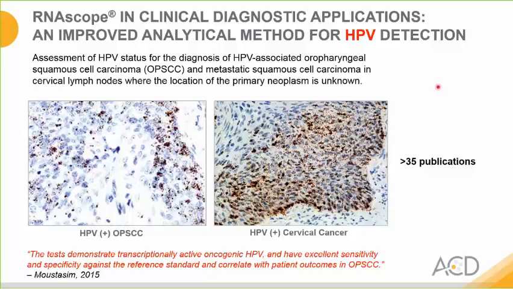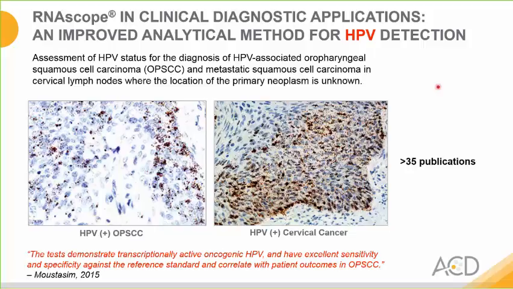Particularly in the field of head and neck cancers in humans, RNAscope assays for human papillomavirus are proving to be very valuable as a clinical diagnostic test. These tests are important for the characterization of squamous cell carcinomas of the head and neck area, particularly a subtype known as oropharyngeal carcinoma.